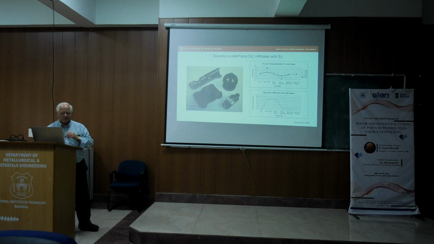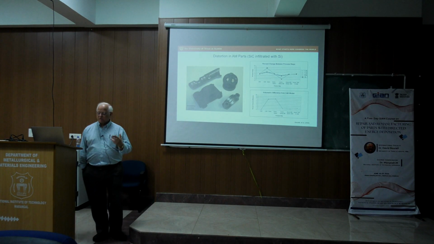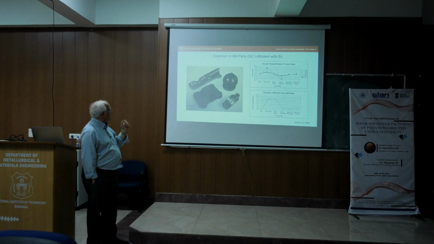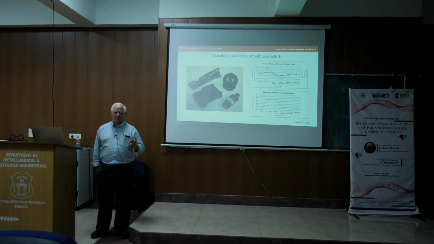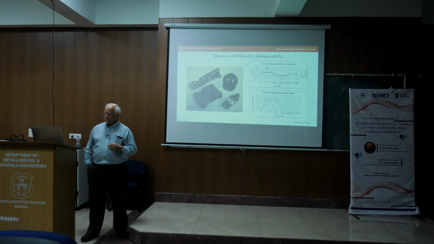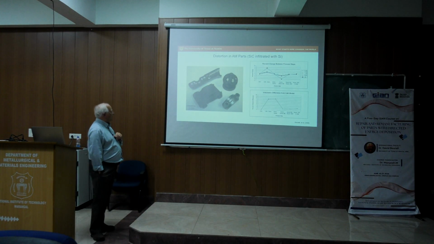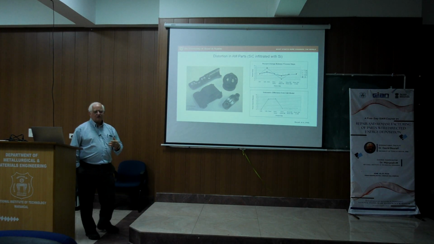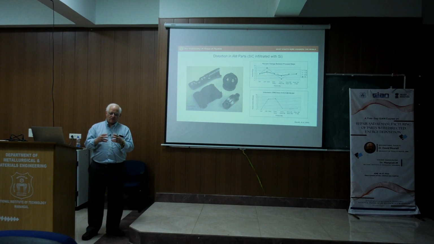Okay, another issue to deal with is distortion. We talked about distortion from residual stress, but I also want to talk about distortion from the perspective of just the various effects of processing on the shape of the part. This is work that I did in 2008, that I think is a good example of how the processing can impact the distortion of the part.